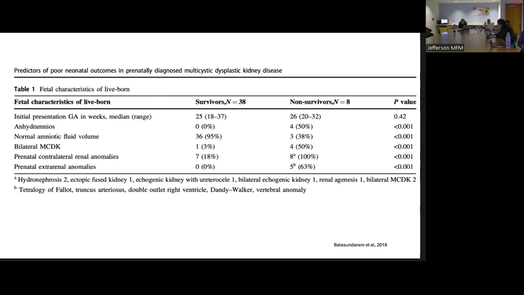In comparison, all 8, so 100% of the non-survivors, had a contralateral renal anomaly, which included 2 with bilateral MCDK, 1 with bilateral echogenic kidneys, 1 with an ectopic fused kidney, 1 with an echogenic kidney with a ureterocele, 1 with renal agenesis, and 2 with hydronephrosis.